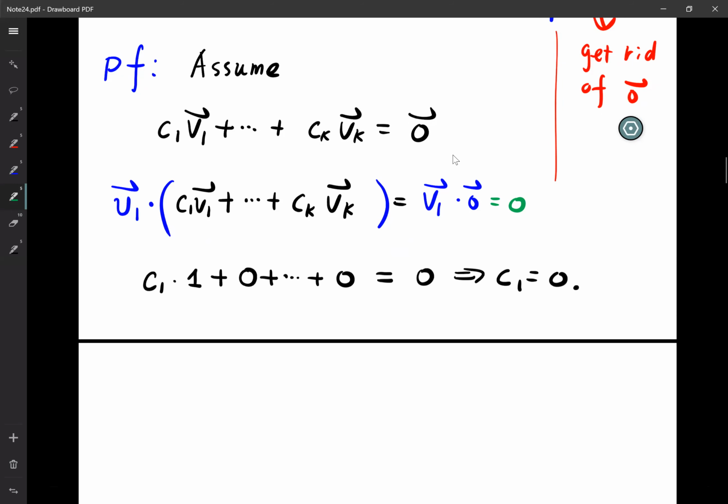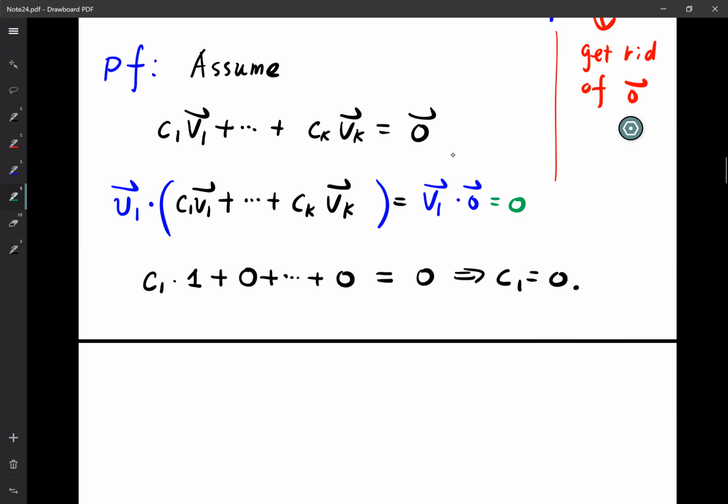I start from v1 and do a v1 dot on the left and right hand sides. The right hand side, because it's dotting with a zero vector, is just the scalar 0. The left hand side can be computed very simply because it's an orthonormal set: v1 dot v1 is 1, v1 dot v2 is 0, v1 dot vk is 0. Therefore, I have deduced c1 is 0. Is that clear?